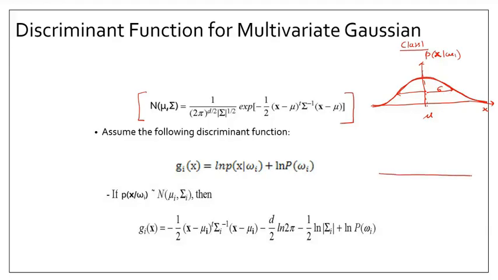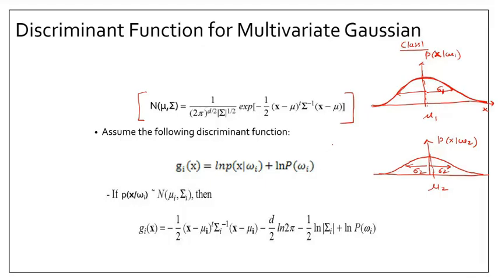I go with all the samples belonging to omega 2, find the mean for class 2 and the standard deviation for omega 2, and this will be called the likelihood of class 2. So these are the standard deviations for class 1 and class 2.